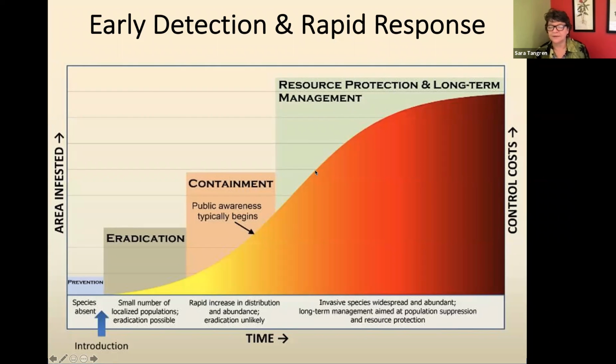And that can be something like saying, okay, well, in this park, which is in the process of being overrun by lesser celandine, the most ecologically diverse, important spots we have with the most rare species are so many square feet or so many acres. And we are going to protect those.